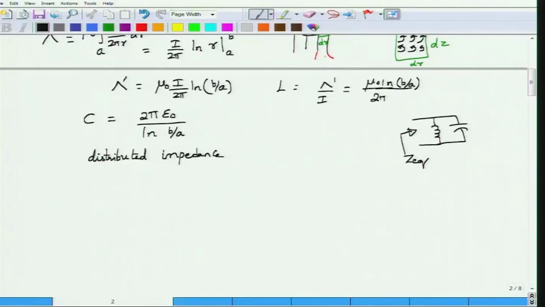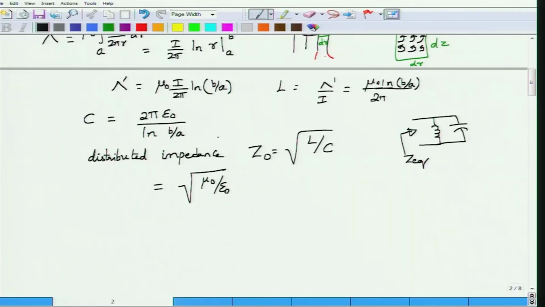And we will later see that in transmission lines, which are very important for applications, this distributed impedance Z0 for lossless transmission lines, for a lossless coaxial cable, for example, is given by square root of L by C, where L is inductance per unit length and C is capacitance per unit length, and the value for this coaxial cable would be square root of mu 0 by epsilon 0.